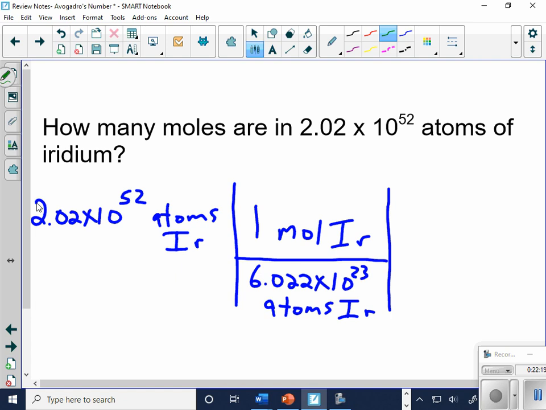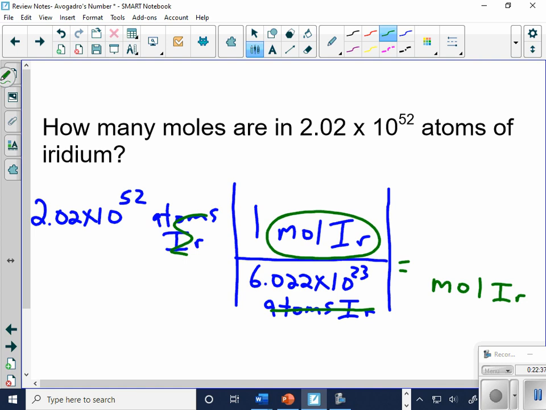I have atoms of iridium on the top and atoms of iridium on the bottom. I get a cancellation, like I should. So now, my new label is going to be mole of iridium.